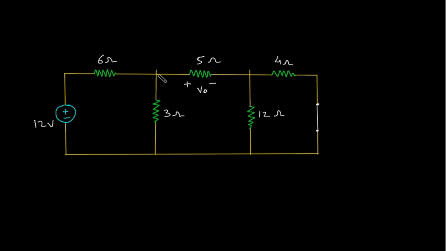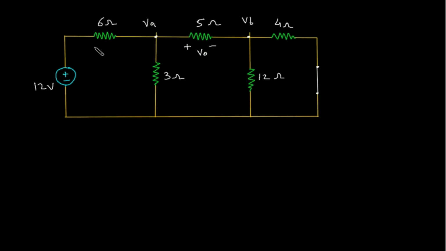Now let's say this is node VA and this is node VB. Let's say this is current I1, this is current I2, this is current I3 and this is current I4.